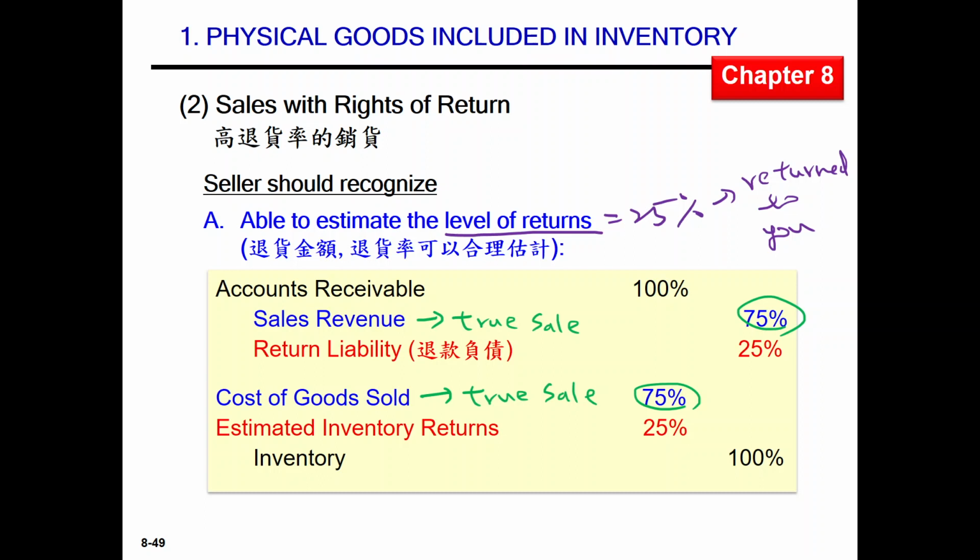For the 75 revenue we are going to earn from customers, how about your accounts receivable? The question is right here.